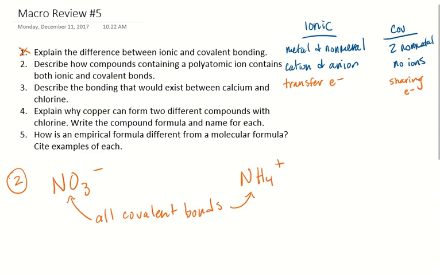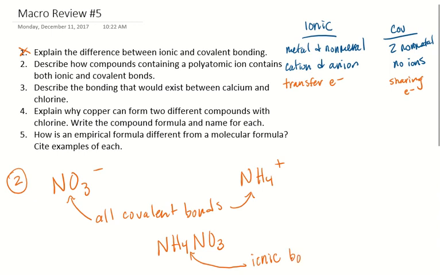But if we put the 2 together, NH4 and NO3, how are those 2 polyatomic ions bound? With a cation and an anion. What's that the definition of?